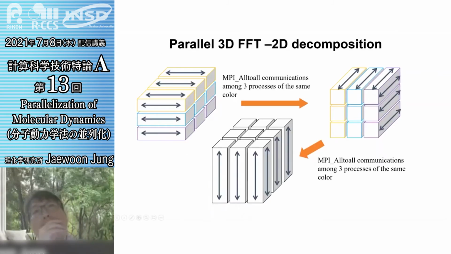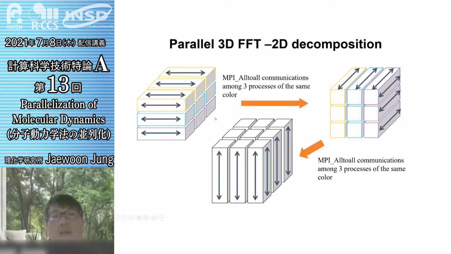And another very frequently used parallelization of FFT is the 2D or pencil decomposition scheme. In this case, each processor has the data of this pencil-shaped one. So first of all, each processor has the data like this, and you first perform FFT in this direction, and next you want to perform FFT in this direction.